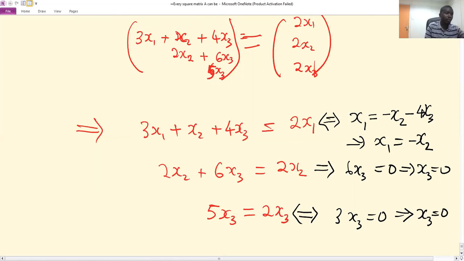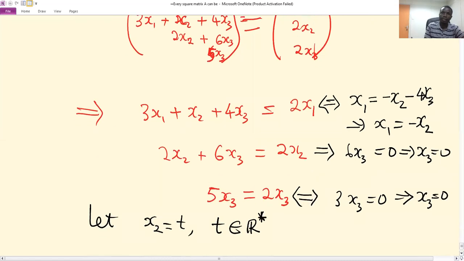So now we say, let x2 be t, where t is any non-zero real number. Then this implies, since x1 is minus x2, x1 will be minus t.